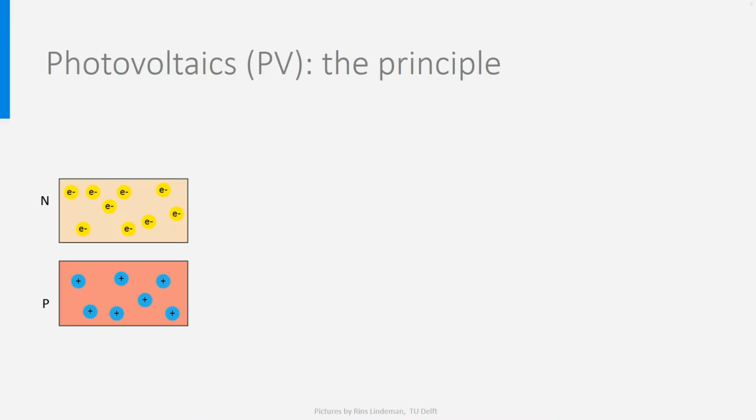Photovoltaics, often abbreviated to PV, is the conversion of light into electricity using materials called semiconductors and the photoelectric effect. There are semiconductors which contain mainly negative charges, electrons therefore. They are also called N semiconductors, N from negative. There are also semiconductors which contain essentially positive charges.